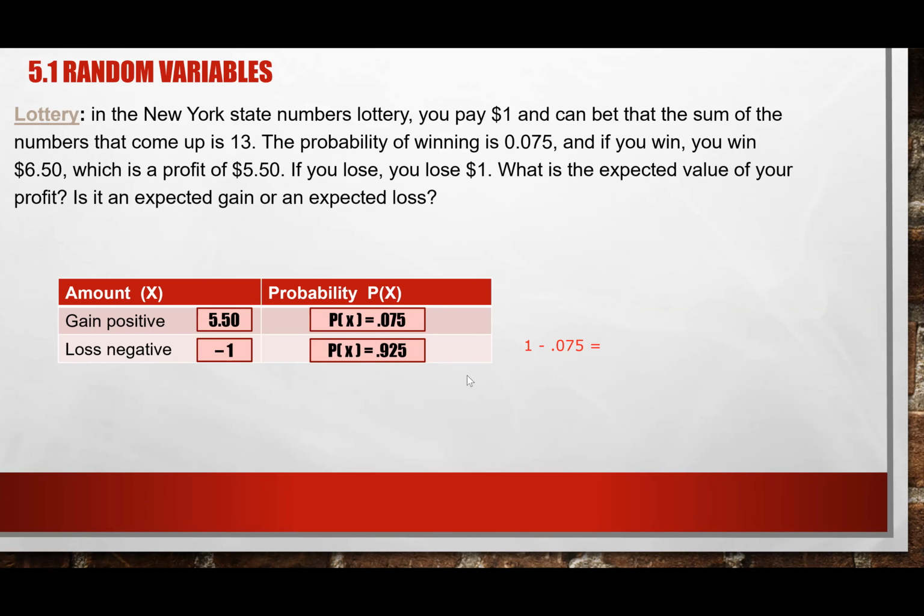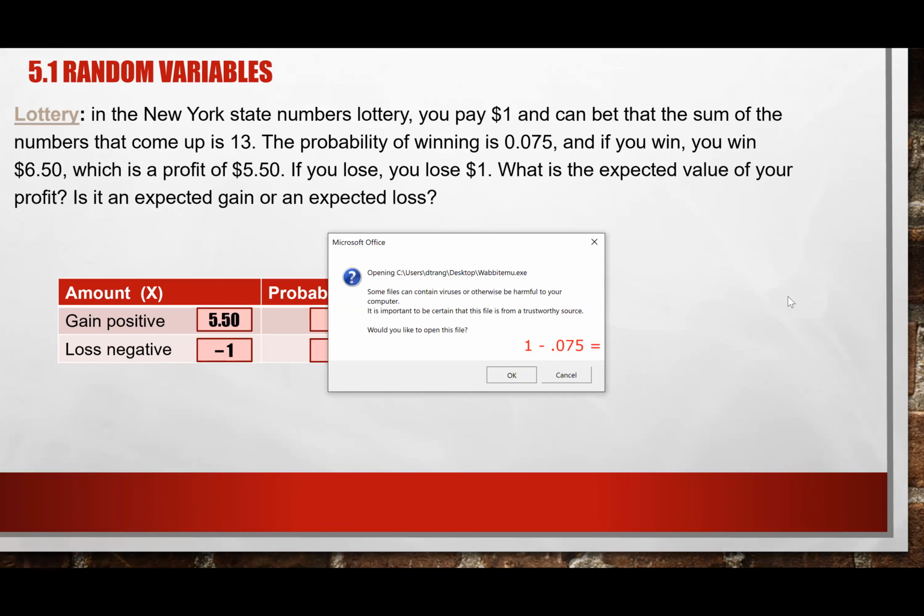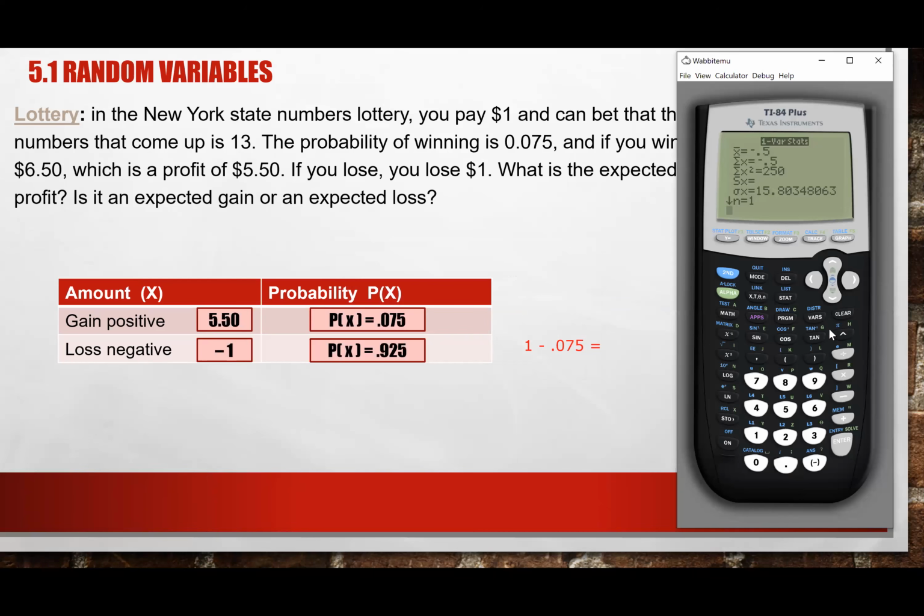So once we have this item here, do you agree that all we need to do is use our calculator? We go to L1 and L2, and in L1, instead of putting 499 like last time, we have 5.5, and again, -1 is the same.